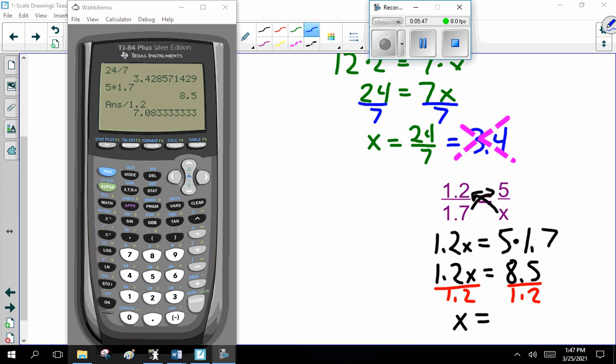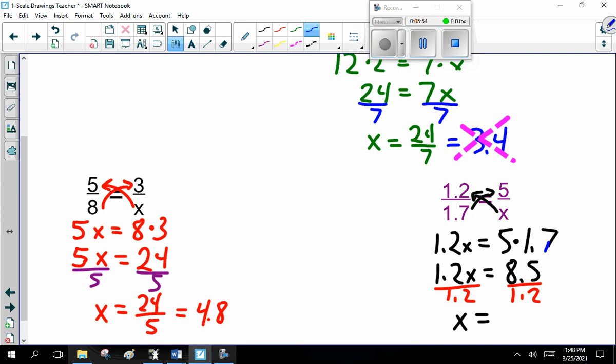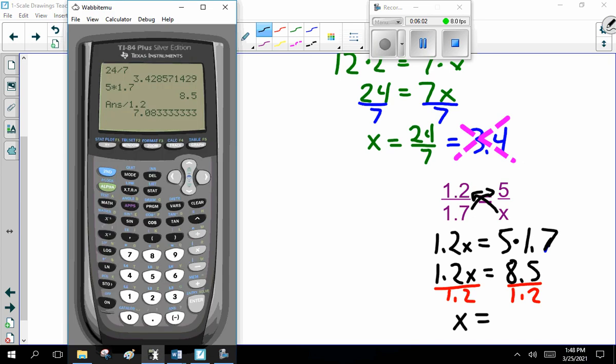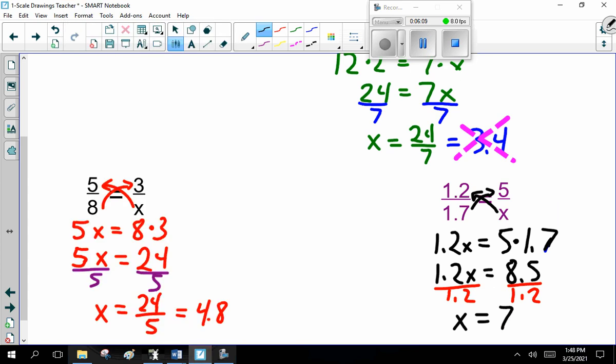I cross multiplied and got 1.2x equals 5 times 1.7, so 1.2x equals 8.5. I divided both sides by 1.2. You can leave it as a fraction, or turn it into a decimal, about 7.1. I'd rather you left it as a fraction, but whatever.